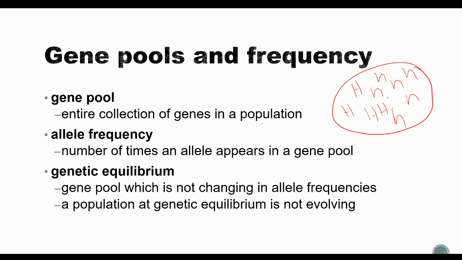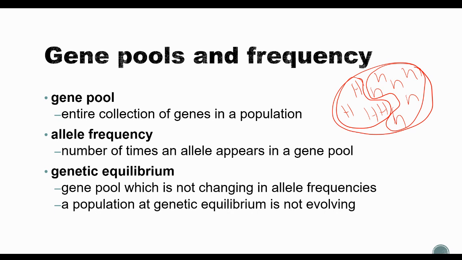Let's see, 1, 2, 3, 4, 5, 6, 7, 8, 9, 10, right? Okay, so this is 5 individuals worth of alleles. So this is our gene pool with 5 individuals, okay? So in this gene pool, we have 4 copies of big H and 6 copies of little h. So that's the allele frequency, the number of times an allele would appear in the gene pool.